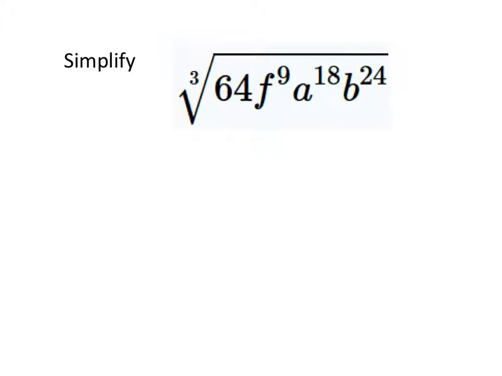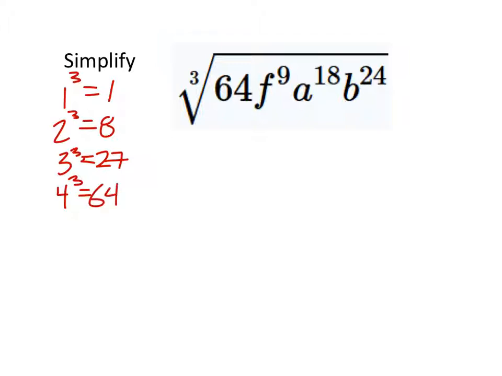This is a cube root, and we've discussed this before, but it should be helpful to memorize the first 5 cubes. So for example, 1 cubed is 1, 2 cubed is 8, 3 cubed is 27, and 4 cubed is 64.